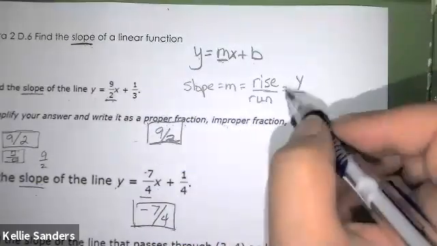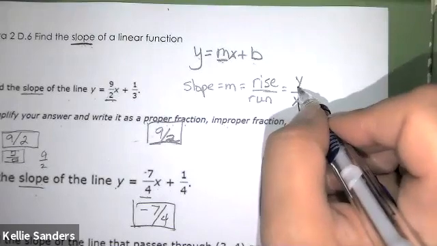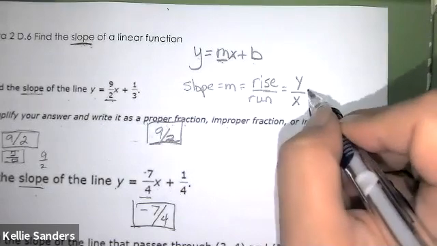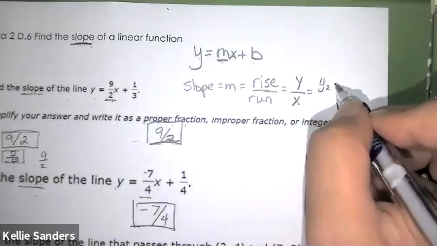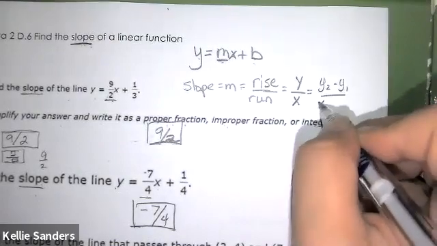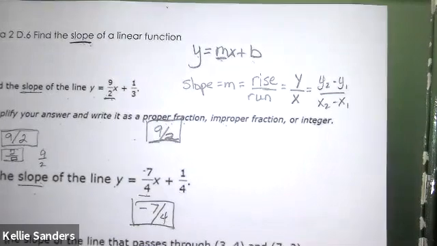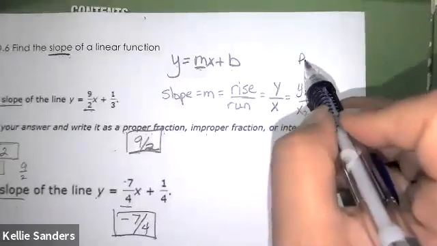The x's run. Okay? So it's how much you go up and down over how much you go left and right. To be able to figure out how much, you always subtract. Y2 minus y1, x2 minus x1. Okay? That's what we're going to do if we have a point.